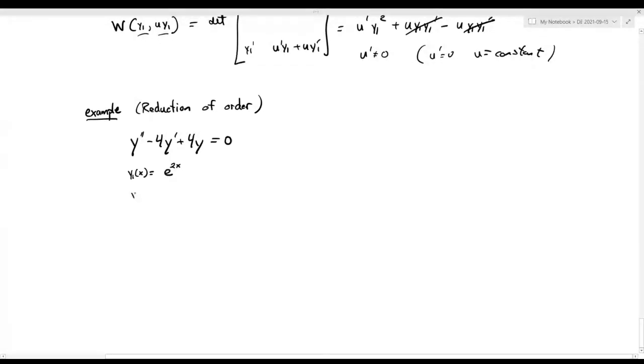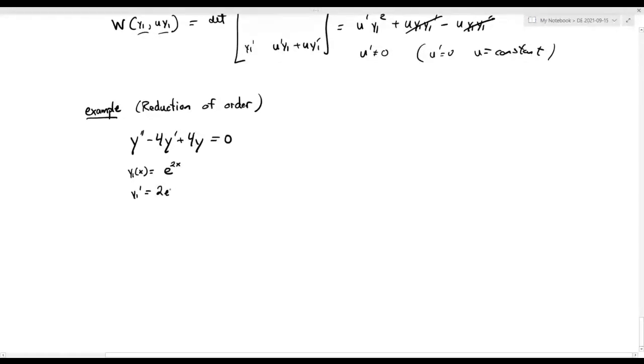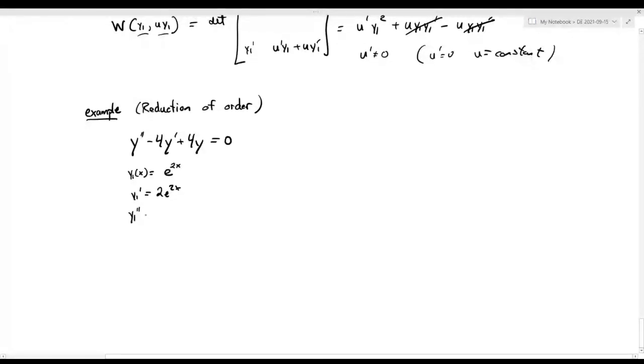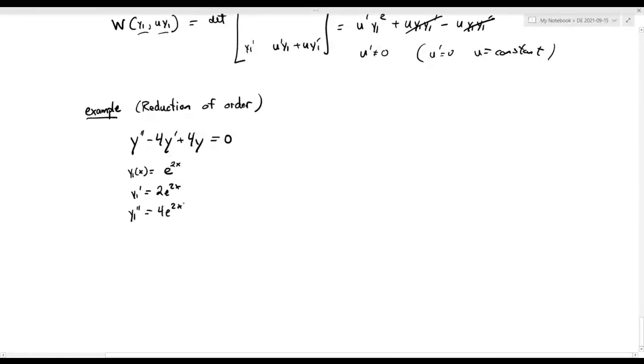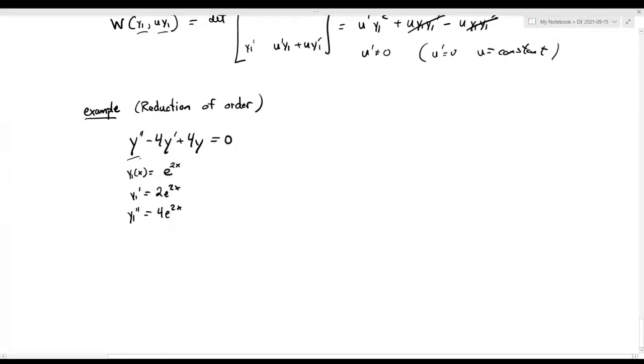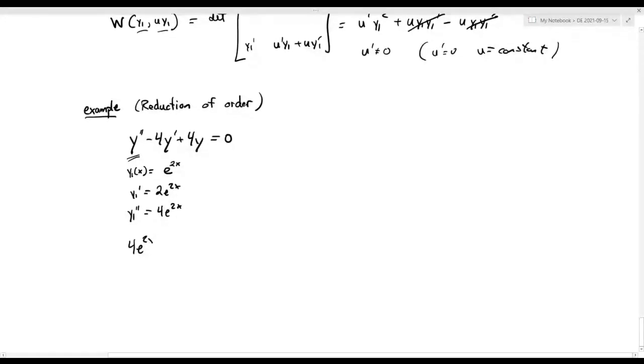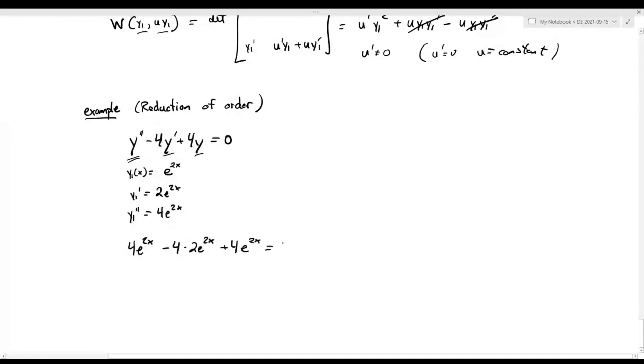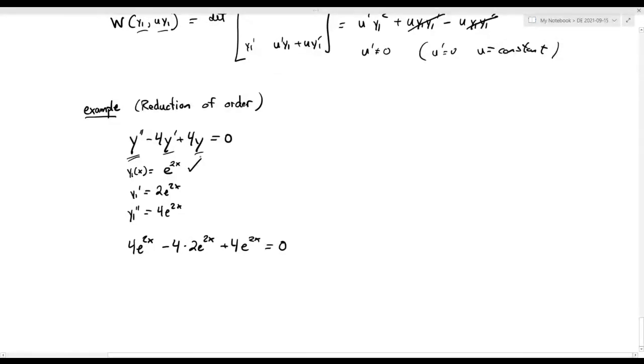So indeed, that's a solution. Take y1 prime, y1 double prime, and you plug it in, you get y double prime minus 4 times y prime plus 4 times y. So indeed, this is equal to 0. So this is a confirmed solution to that differential equation.